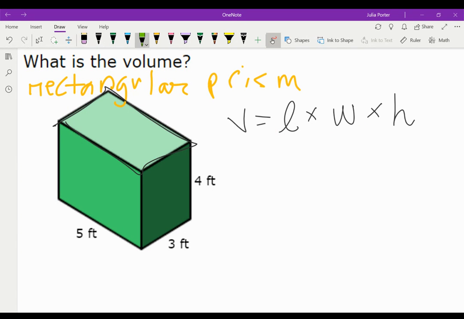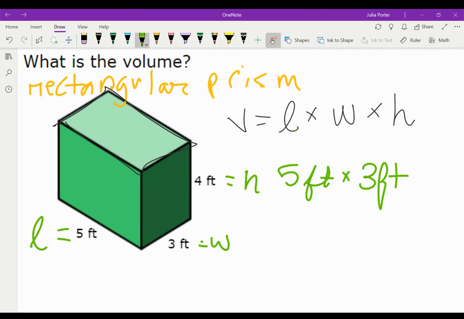Okay, but to find our volume for this, we're going to find our length times width. So let's have our 5 feet as our length, our 3 feet as our width, and then our 4 foot as our height. So I would multiply my 5 feet times my 3 feet times my 4 feet.